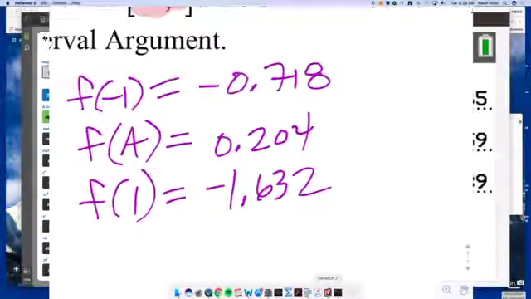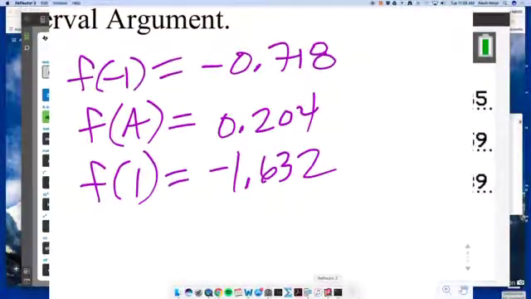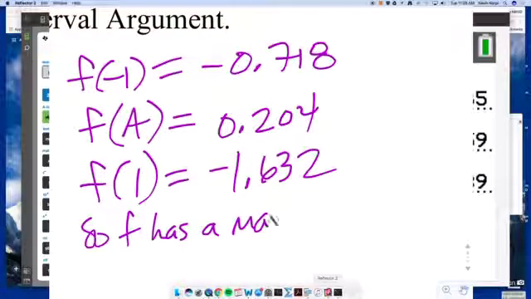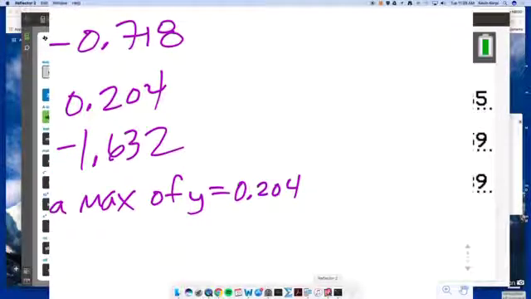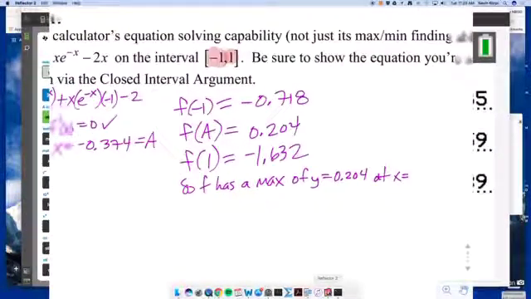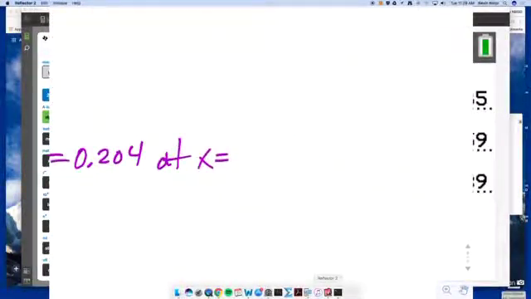And now by the EVT, one of those is the biggest and one of those is the smallest. So f has a max of y equals what? 0.204. Good. At, now in this case, don't say at x equals A, say at negative 0.374.